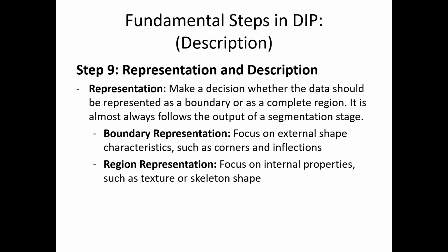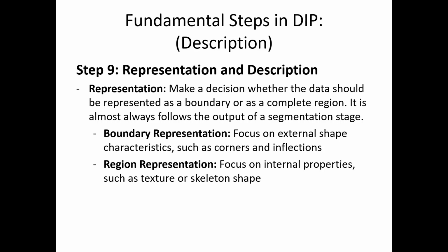It almost always follows the output of a segmentation stage, and it is categorized in the form of boundary representation and region representation. Boundary representation produces external shape characteristics such as corners and inflections.